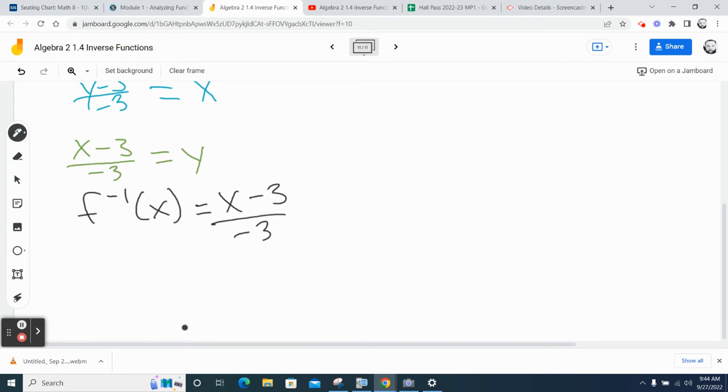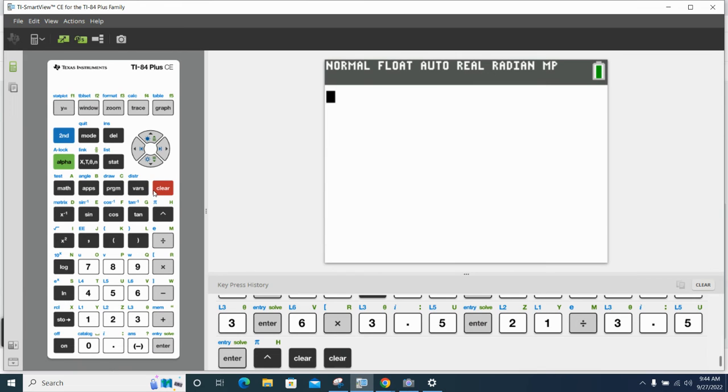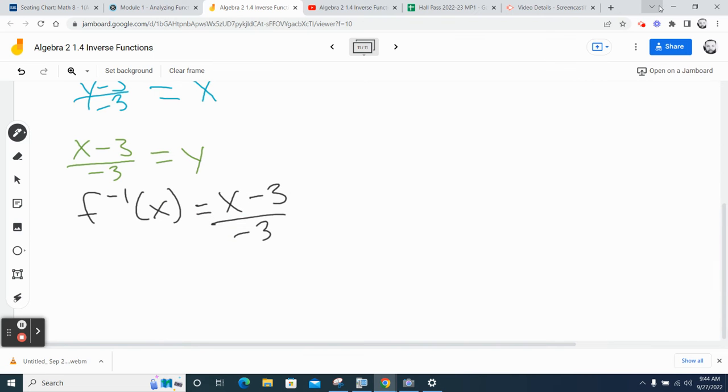So let's grab your calculators. I'm going to go to y equals, and my first function was negative 3 times x minus 3, right? My final inverse was x minus 3 all over negative 3.